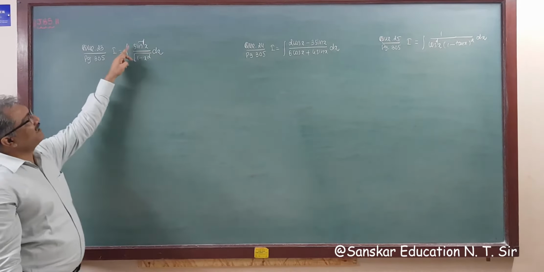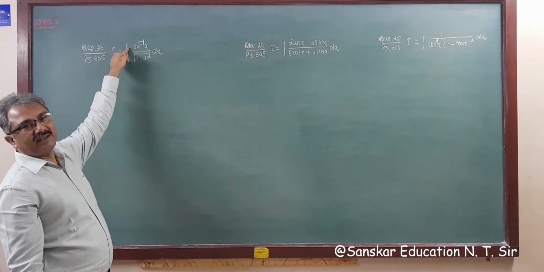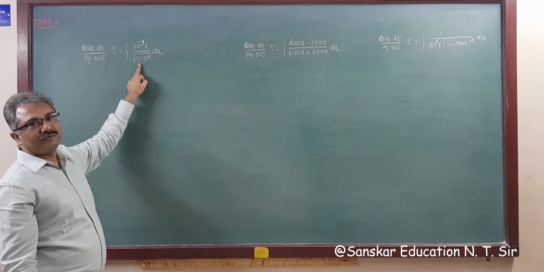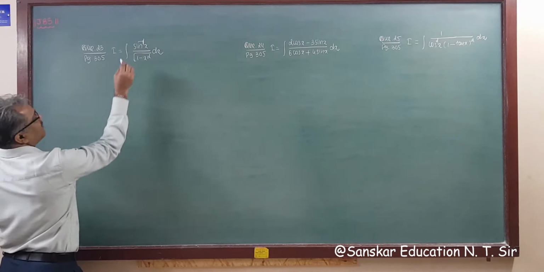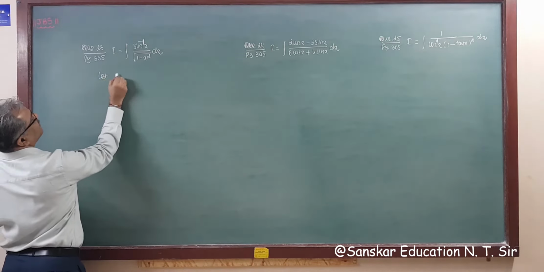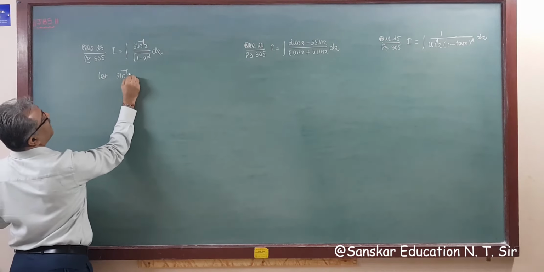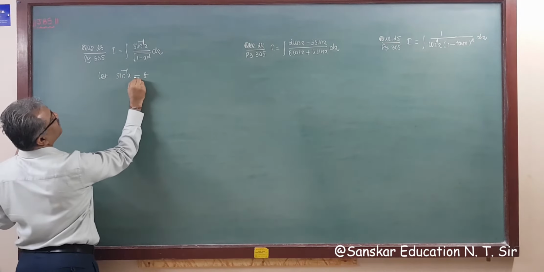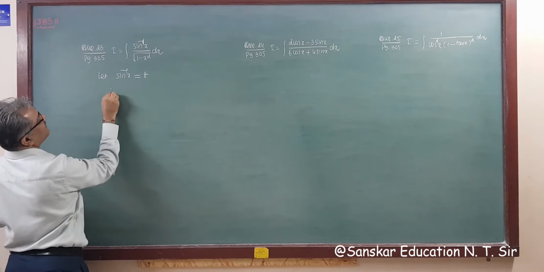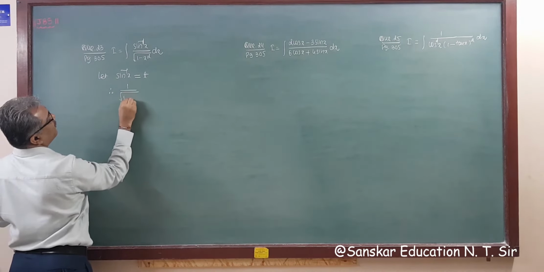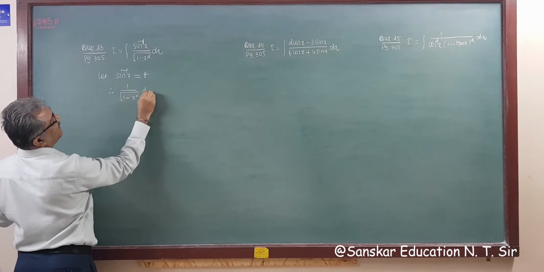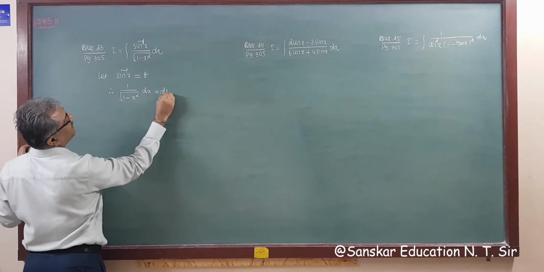So if we assume sin inverse x is equal to t, then the derivative of sin inverse x is 1 upon the square root of 1 minus x square. This is the derivative of sin inverse x, right? So let sin inverse x is equal to t. Then 1 upon the square root of 1 minus x square dx is equal to dt.